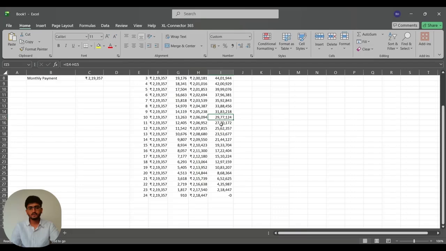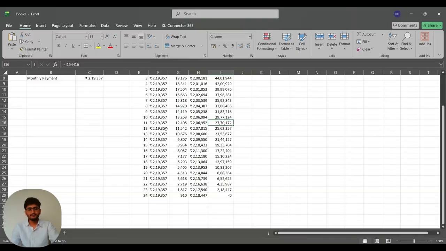So we'll get 29,77,124 minus 2,06,952. How will we get 2,06,952? When we deduct the interest we are paying from the EMI installment payment, then we will get 27,70,172 rupees. The 11th month is completed.